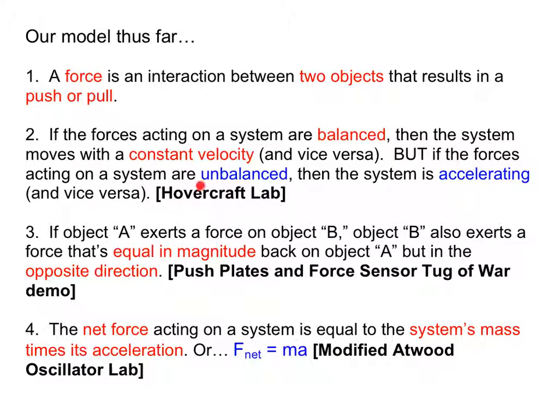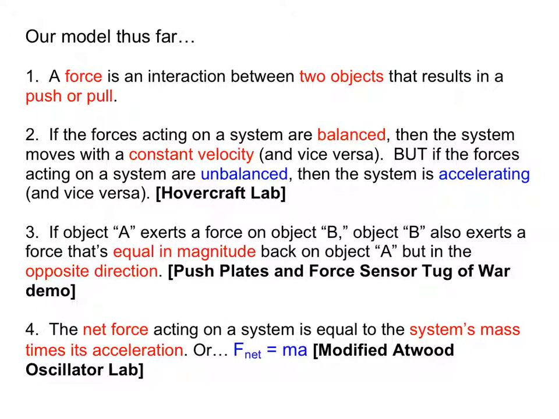And then we did a hovercraft lab where we analyzed video of me riding a hovercraft, and we were able to conclude that if the forces acting on the system are balanced, then the system moves at a constant velocity, and vice versa. So if a system moves with a constant velocity, then the forces acting on it are balanced.